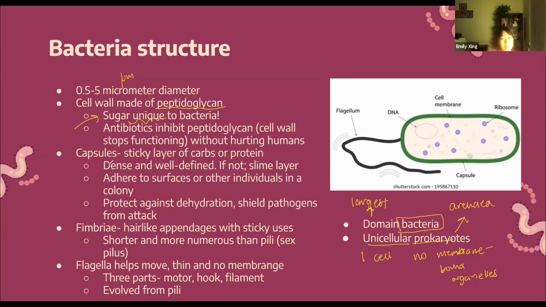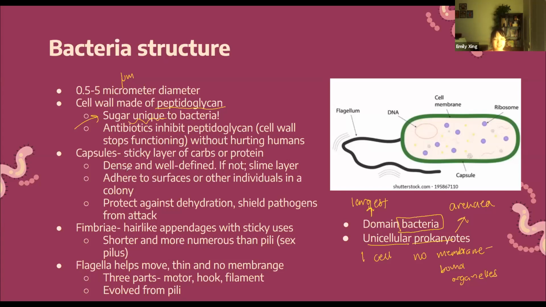They also have something called capsules on their outer layer, which is outside of the cell wall. So don't think of the cell wall as the outermost layer. Sometimes there's more. It's a sticky layer of carbohydrates, which are not the same as rice and bread carbs, but carbohydrates, sugars, or protein.